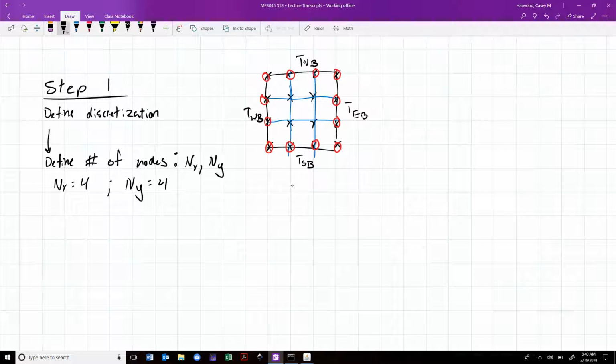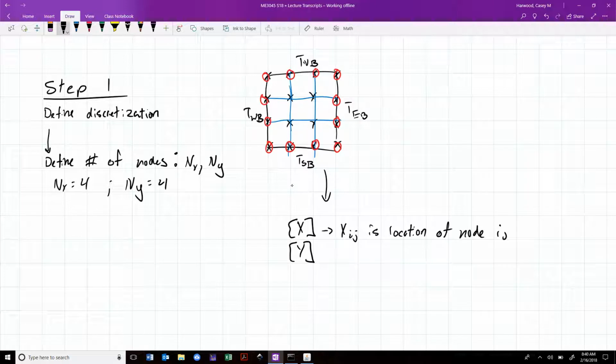So from this, if you create an x and a y matrix such that x_ij is the location of node ij, and ditto for y. The idea here is that you should have, in this case, a 4 by 4 matrix, right? Just has different x and y positions.